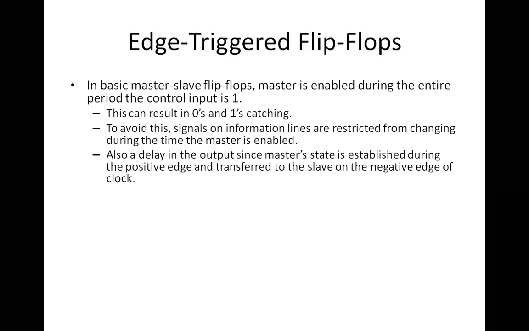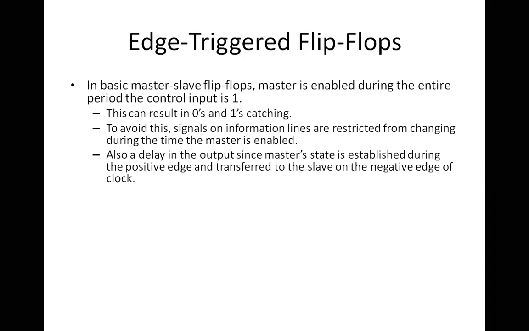In basic master slave flip-flops, the master is enabled during the entire period when the control is 1. This can result in ones catching. Because of that, during the entire period the master is on and the slave is off, so the values are held for a certain amount of time.